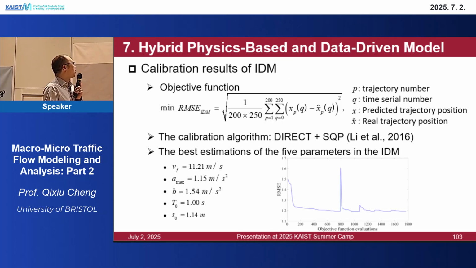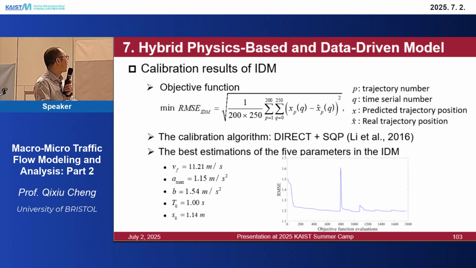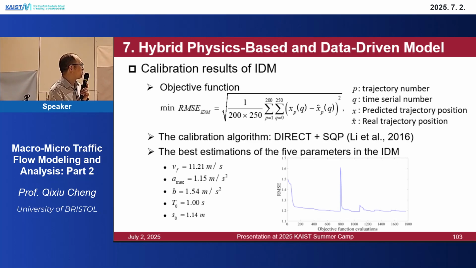We use DIRECT plus SQP, a well-developed algorithm for traffic flow calibration by Lee. The code is open source, so we use it to calibrate the IDM and obtain the parameters.